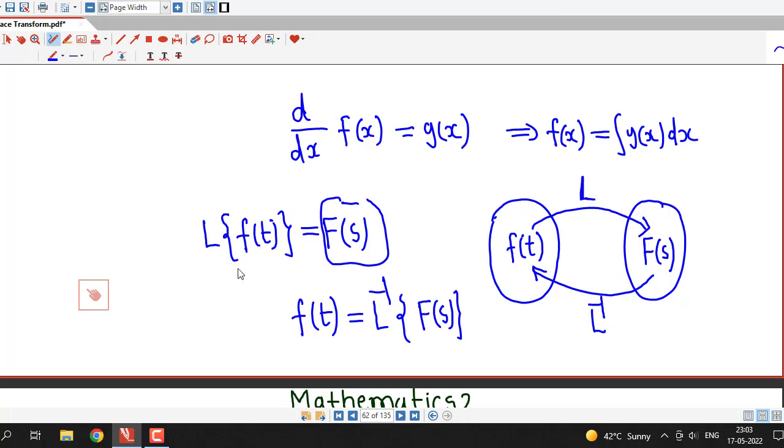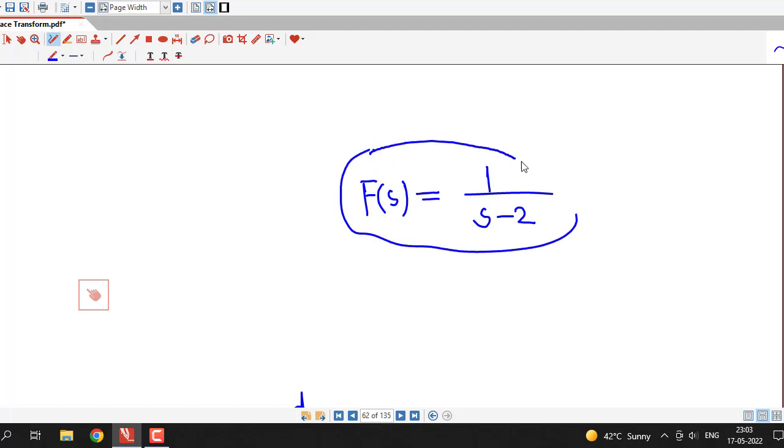So we can easily find the inverse Laplace transform of a function if we know that this function is the Laplace transform of which function. Suppose function F of s is 1 divided by s minus 2, and we want to find the inverse Laplace transform of this function.